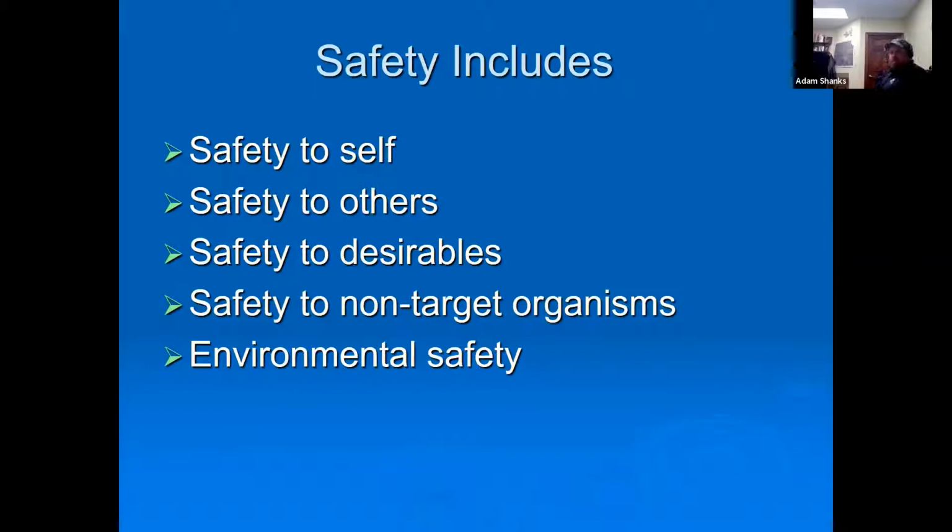Again, safety includes safety to yourself, safety to others, safety to your desirables. So you don't want to kill the grass in your yard, you want to kill the dandelions, or you don't want to kill your roses, you want to kill the thistles that are around them. So you got to make sure you're going to be safe to the desirables, safety to non-target organisms, and obviously environmental safety.